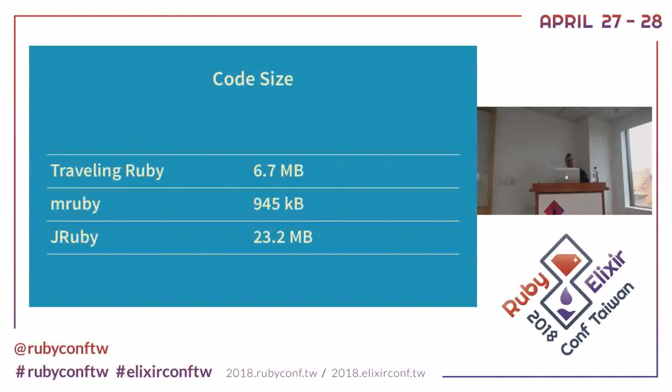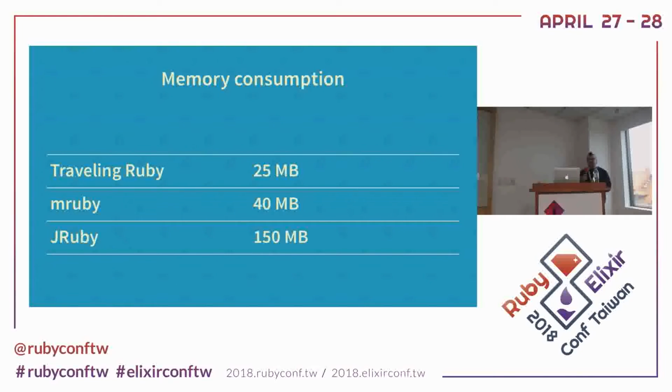So that's pretty okay. The memory consumption, well, I'd expect mruby to have a small memory footprint, but it surprised me that it actually consumed more memory than traveling Ruby. But this could also be due to dependencies and stuff like that, because dependencies aren't mapped one-to-one.